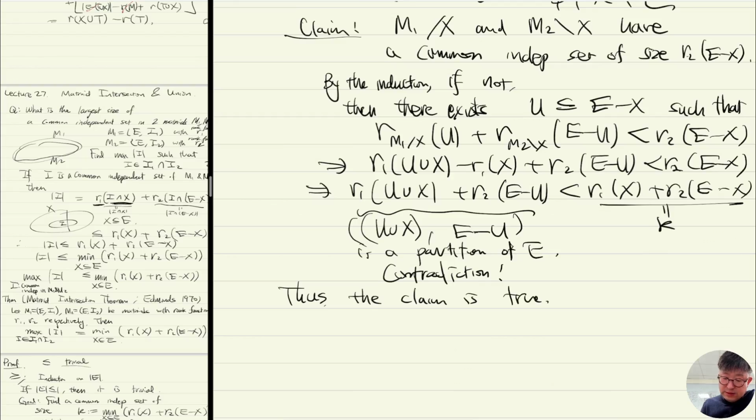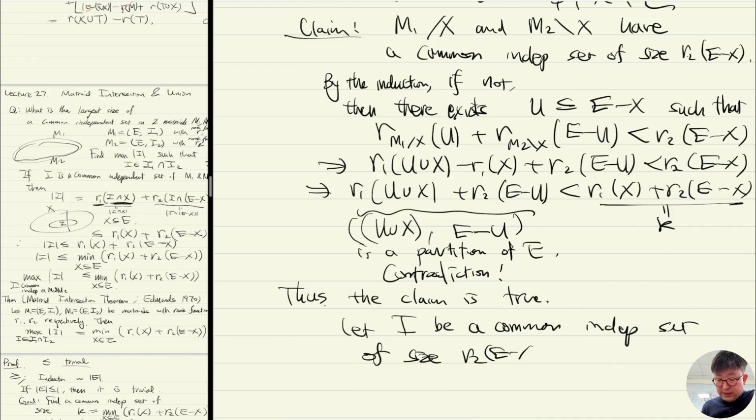So let's say I have a common independent set of size R2 of E minus X in M1 contract X and M2 delete X.